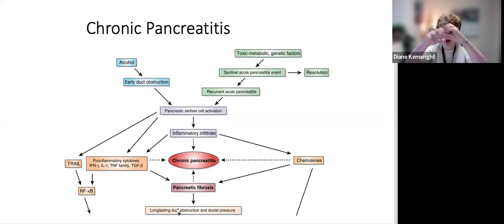And then we cause more damage to the pancreatic acinar cells. And here we go in a loop that causes ongoing fibrosis of the pancreas.